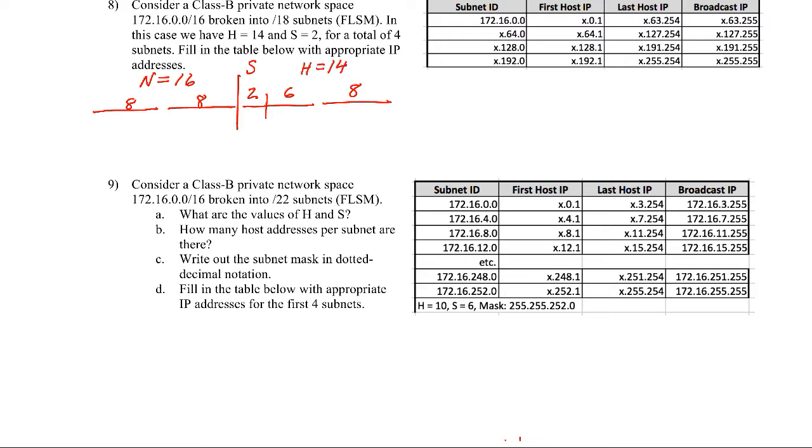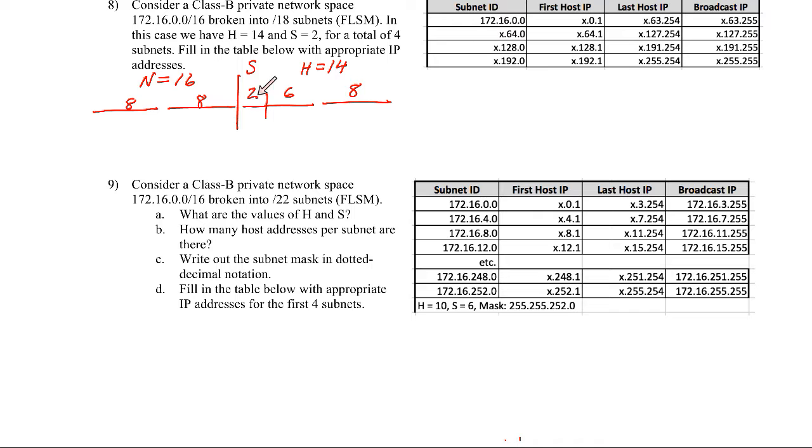Now this gets a little bit trickier because our increments are going to be in the 3rd octet. There's a general rule that says the rightmost S bit is going to give us the increment value. We have 2 S bits here at the left side of the byte.